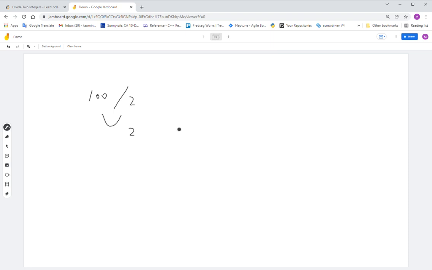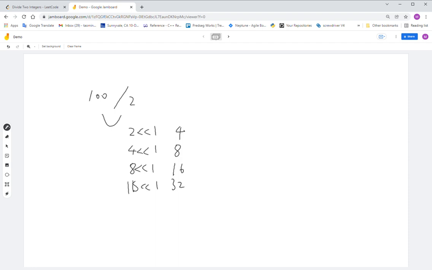You can move 2 to left 1 position, so then it becomes 4. And the 4 move 1 position, it becomes 8. And 8 move 1 position, they become 16.